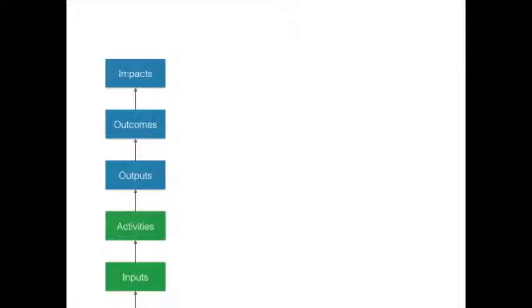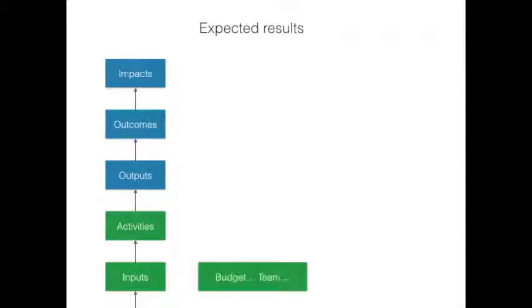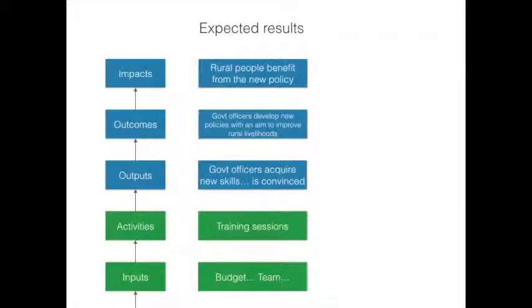The outputs, which are the first direct effects on the direct targets of your activities. The outcomes, which are the larger effects that you're expecting. And the impacts, which are the general results that you expect to actually solve the problem that you've identified at the beginning.